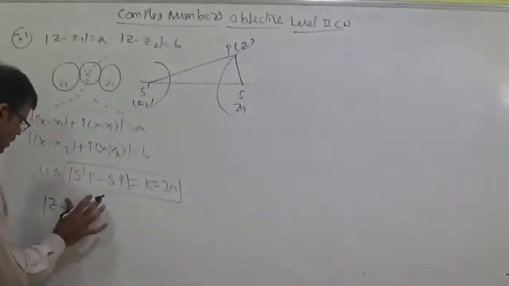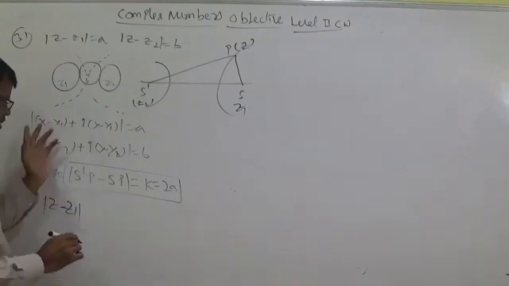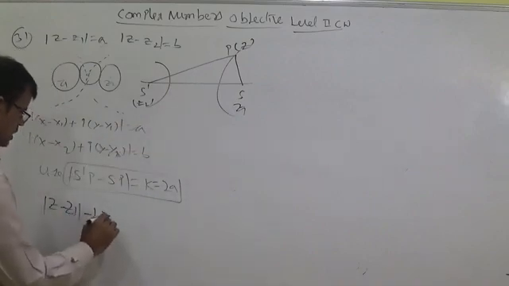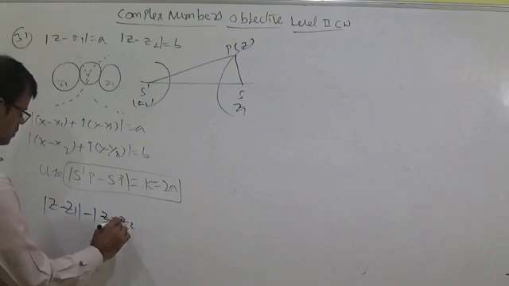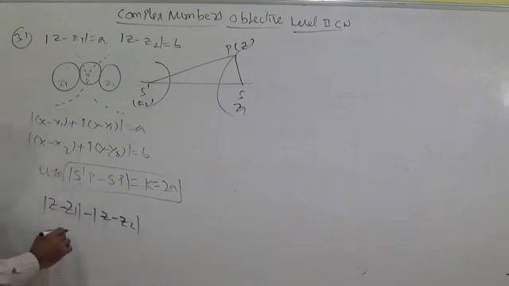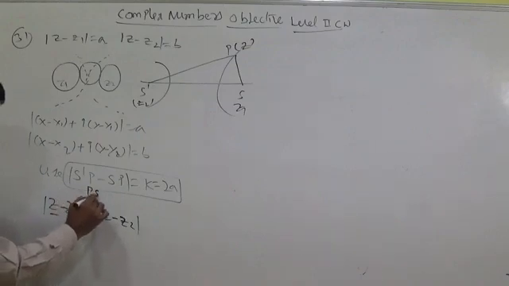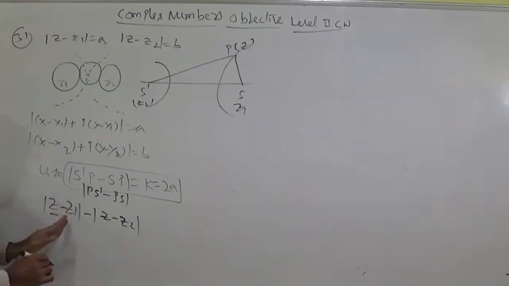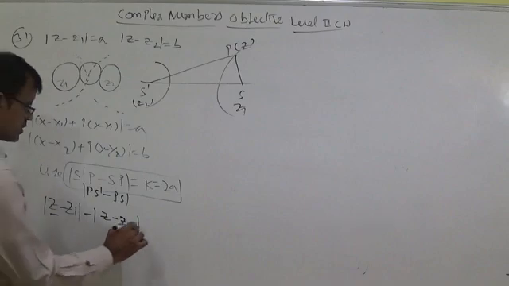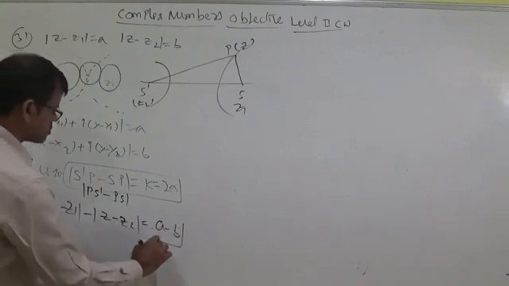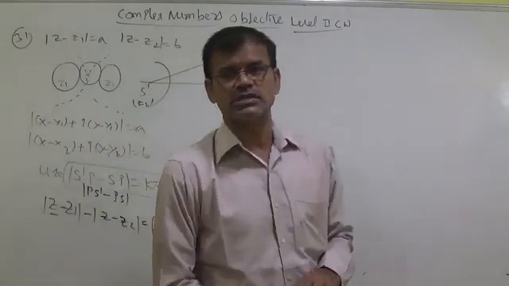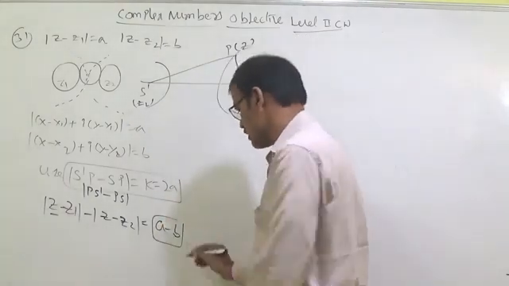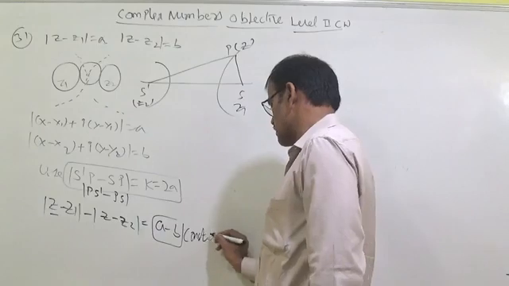So modulus of Z minus Z1 you can understand as SP, the distance between the fixed point and P, and Z minus Z2 as S dash P. This is P. PS dash minus PS, with P meaning Z, and Z1 and Z2 meaning the two points S and S dash, is equal to A minus B. Not only 2A, the proof is there: S dash P minus SP is equal to 2A, or modulus of PA minus PB is equal to some constant K. Here A minus B we got as a constant.